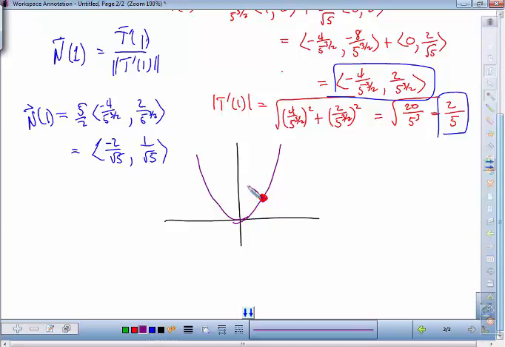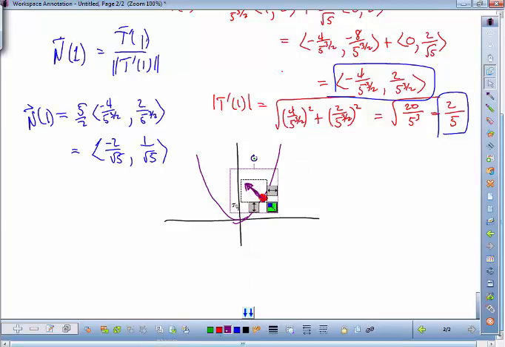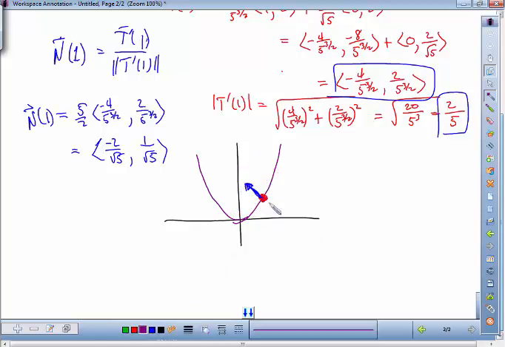And it has unit length. That looks pretty perpendicular. So we have our unit tangent, and now we have just found our unit normal vector. Whew.